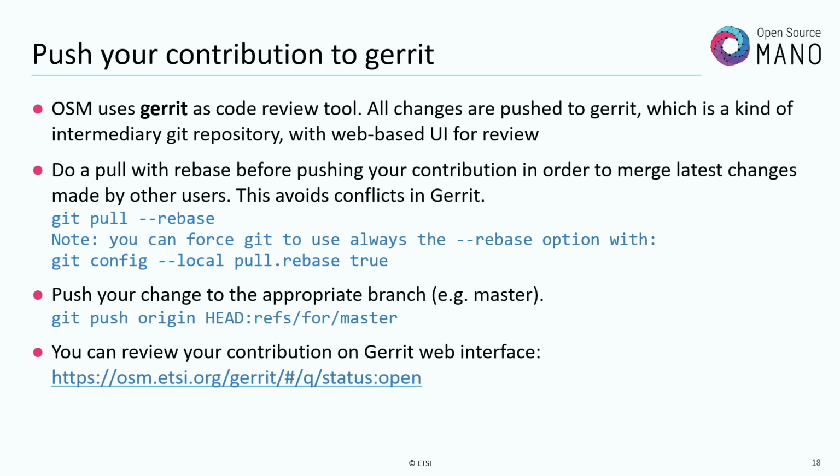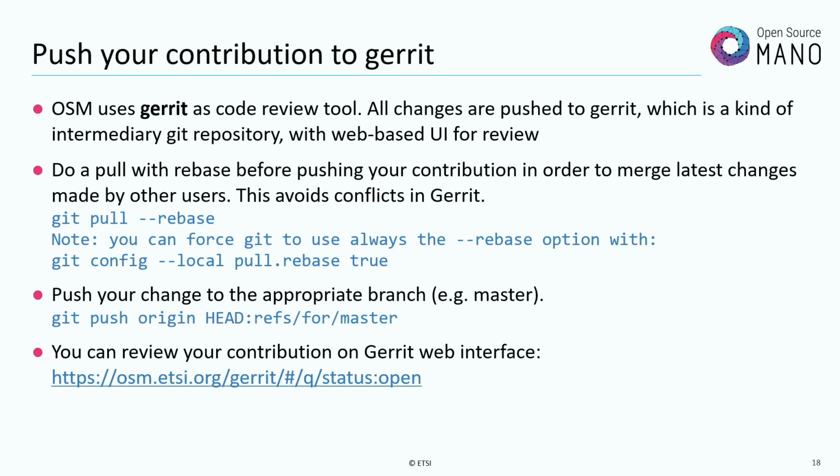So we can just run this git pull --rebase to get all the latest changes to our environment. Then we can push our contribution using git push origin HEAD:refs/for/master, where master is the branch. It could be any branch in here. Then we will see our contribution on the Gerrit web interface.